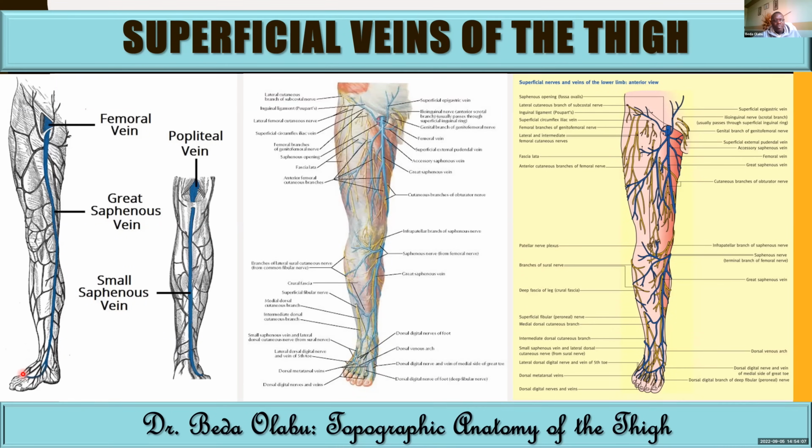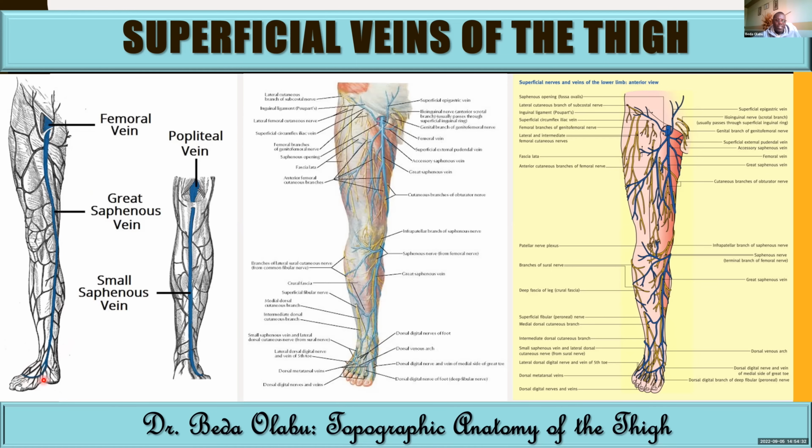It runs on the medial aspect of the lower limb. So it starts on the medial side of the foot, goes to the medial side of the ankle, medial side of the leg, posteromedial knee, medial side of the thigh, and ascends all the way to terminate proximally into the femoral vein. That's the great saphenous vein.